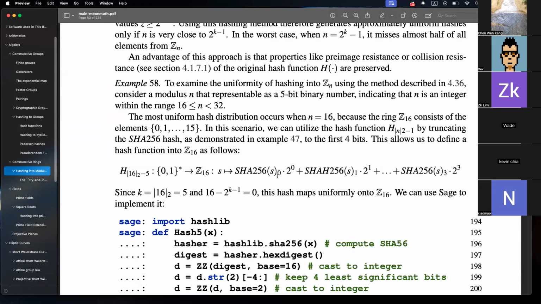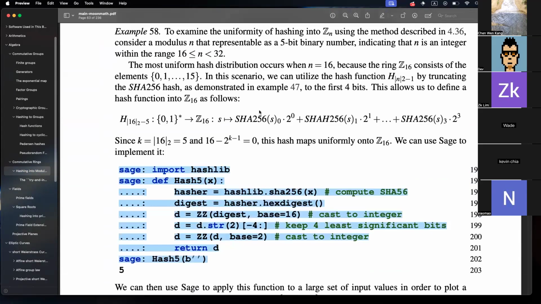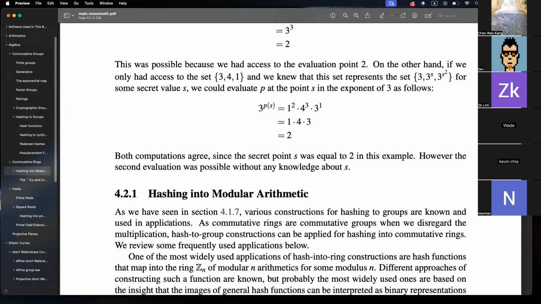There's a few explanations here. They talk about hashing into a ring. Fields are essentially just rings, I believe. Yeah.